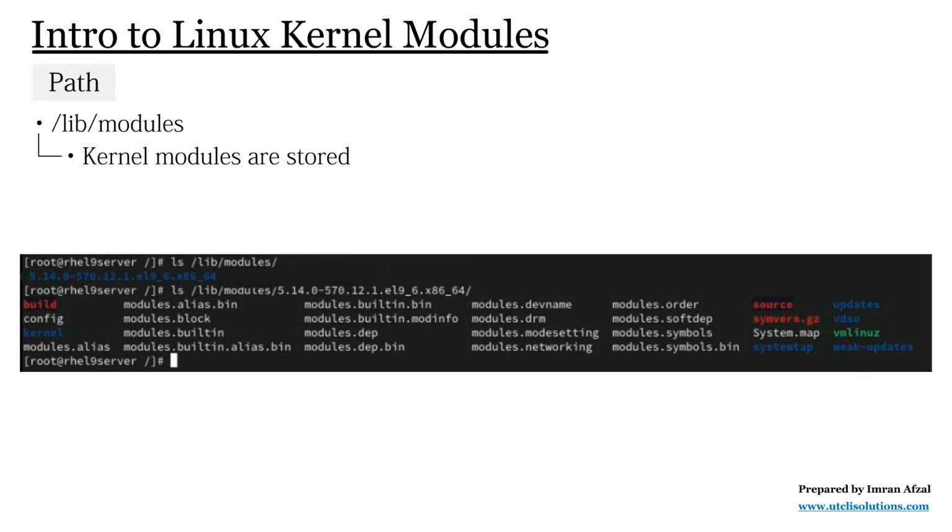Each kernel version has its own subdirectory under /lib/modules. When modprobe loads a module, it searches this directory, checks dependency information, and selects the correct module files. This structure prevents version mismatch errors and protects the system from instability.